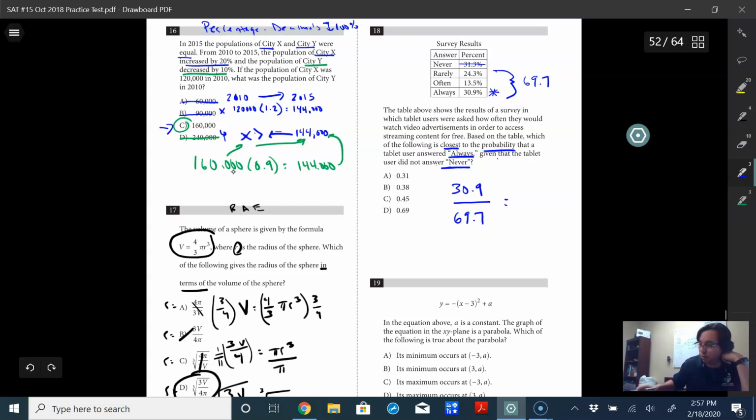If you do the math, 30.9 divided by 69.7 leaves you with 0.443. Looking at that, you can see the closest answer choice is C at 0.45. It doesn't have to be exact because it says closest to the probability.